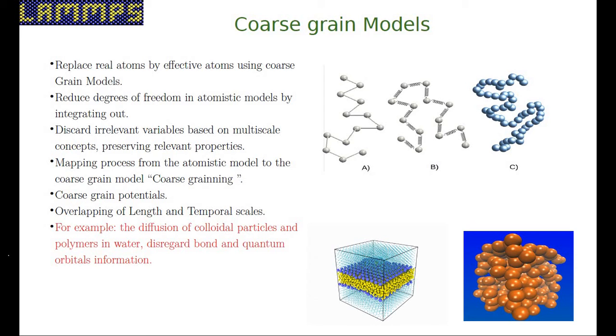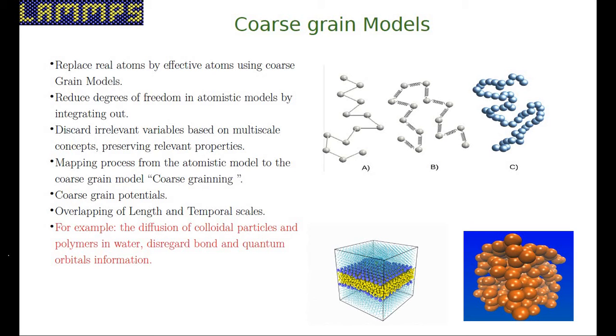This is done by discarding irrelevant variables based on multiscale concepts, preserving relevant properties. There is a mapping process from the atomistic model to the coarse grain model called coarse graining. In this process, there are also coarse grain potentials.